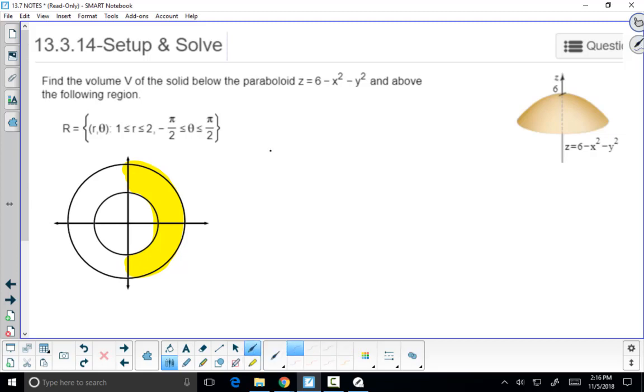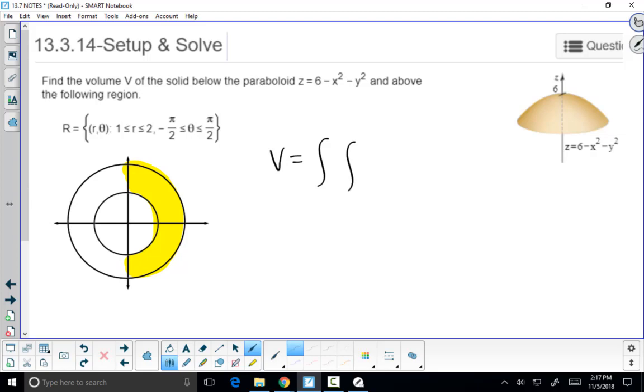So the volume is going to be the double integral of upper minus lower. We don't even have triples here yet, but could we do it with a triple? Sure, and it would be cylindrical coordinates. We have an upper surface, a lower surface, and then a polar boundary in the xy plane.